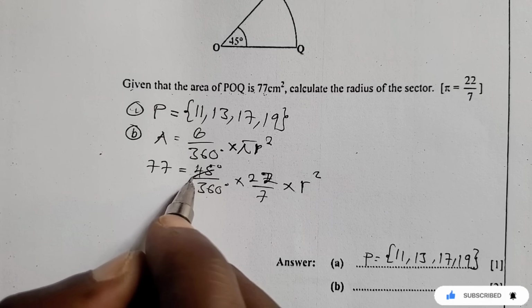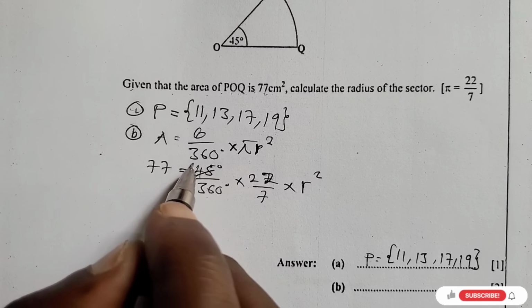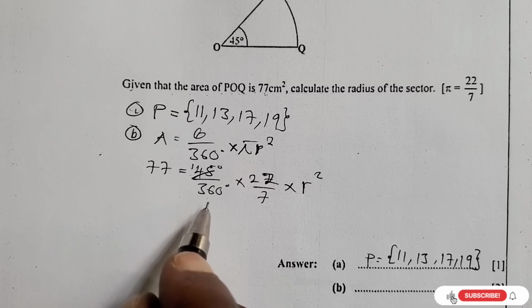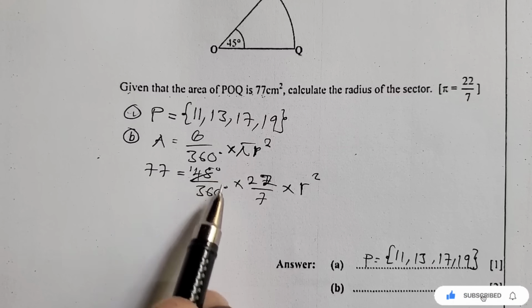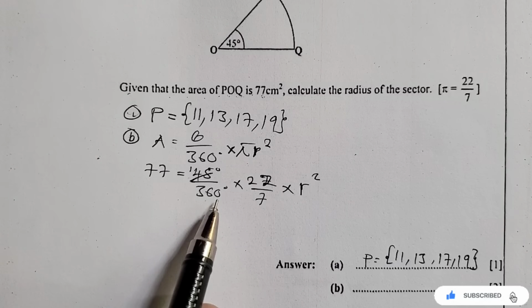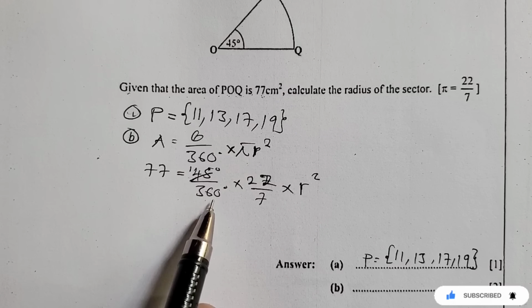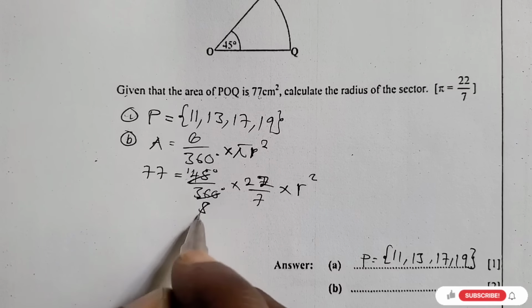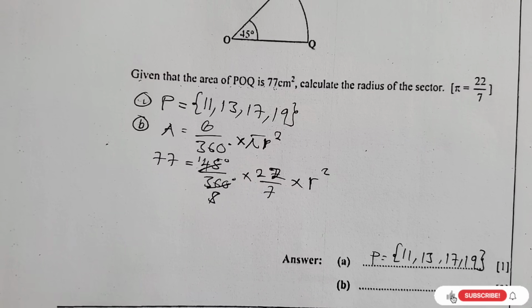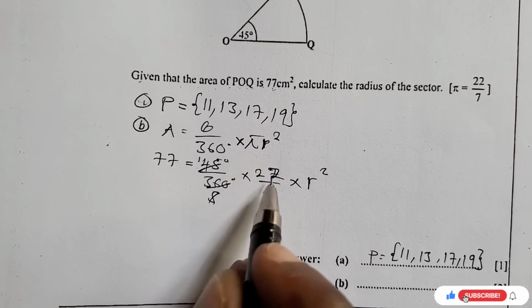So you know that 45 can go into 360. 45 into 45 is 1. 45 into 360 is how many times? Because 45 goes into 90 2 times, so 45 into 360 is 8 times. And we have 8 and 22.